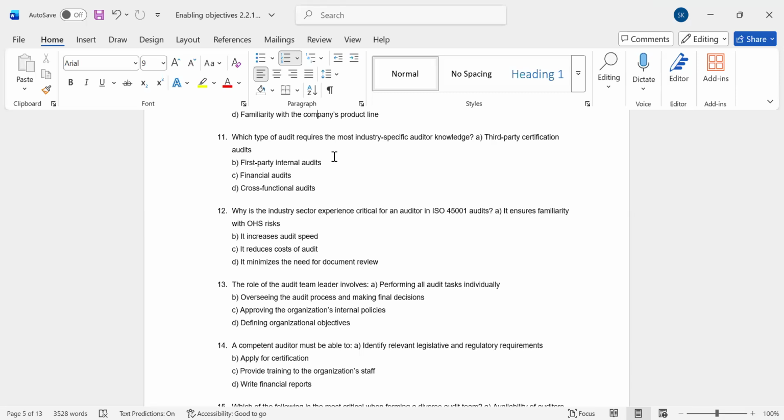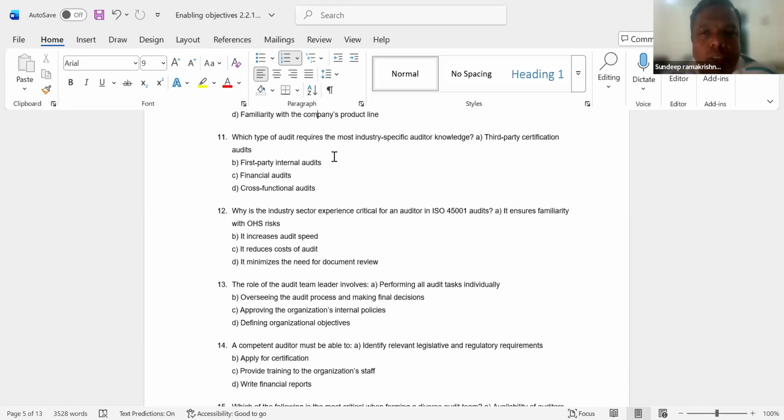Question number 12. Why is the industry sector experience critical for an auditor in an ISO 45001 audit? A, it ensures familiarity with OHS risk. B, it increases audit speed. C, it reduces cost of audit. D, it minimizes the need for document review. It's A only. Ensures familiarity with OHS. Yes, very good. Correct.